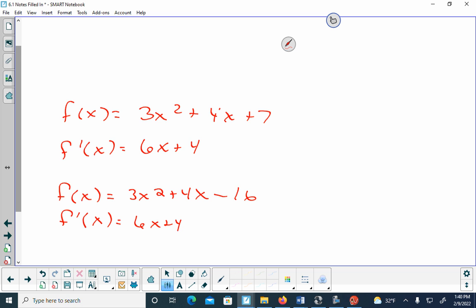So my problem is going to be when I have that constant, since when I take the derivative, that constant is 0 and it drops out. When I take the antiderivative, I am going to always write a plus c to tell myself that there might be a constant there, but I don't know what the constant is. Are you with me?